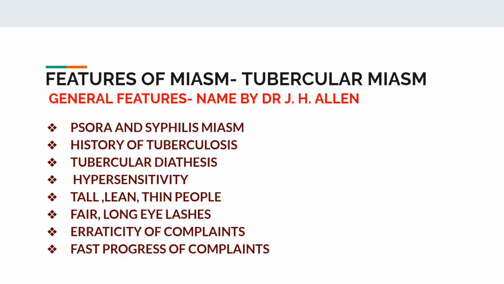Fast progress of disease, this is tubercular miasm. Any disease that progresses very fast is tubercular miasm. And how we describe the phosphorus patient, tall, lean, thin, fair, long eyelashes, he represents tubercular miasm.